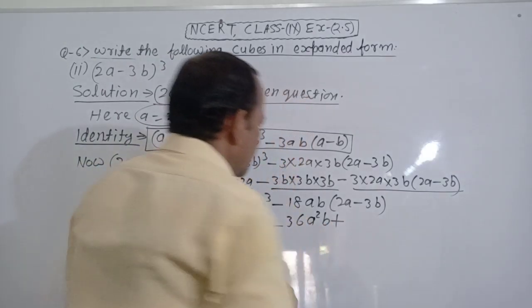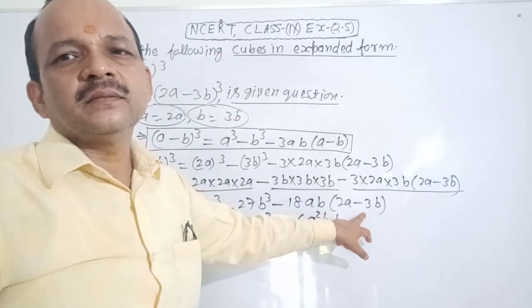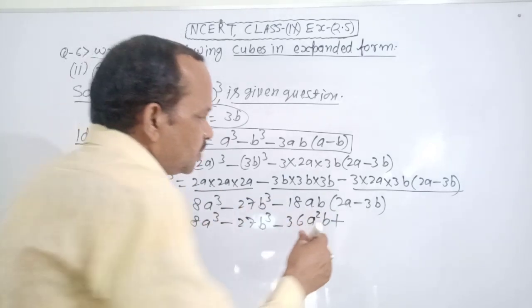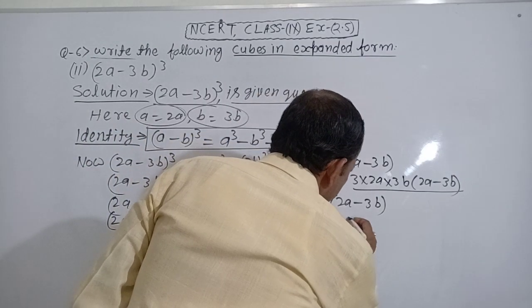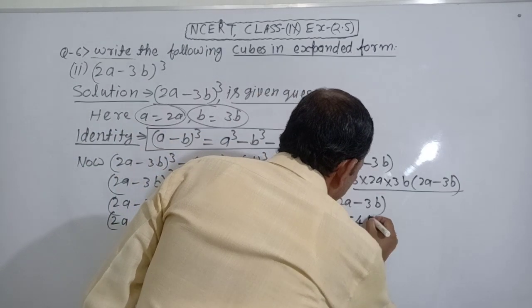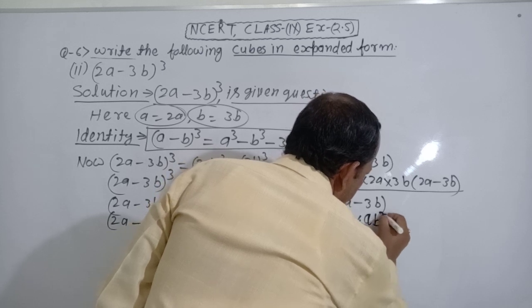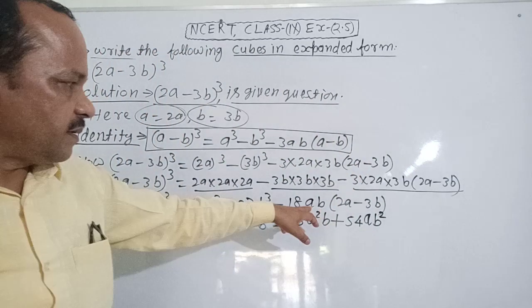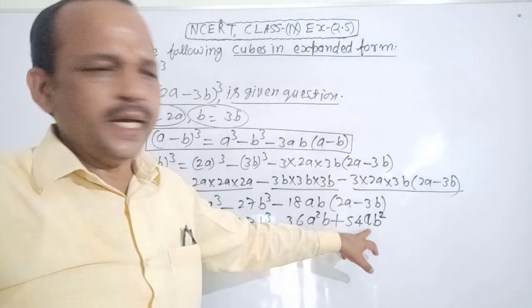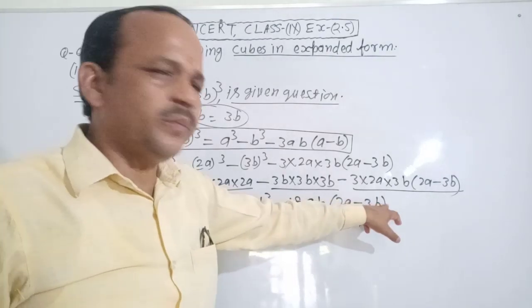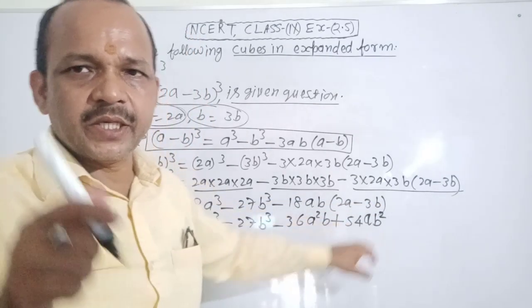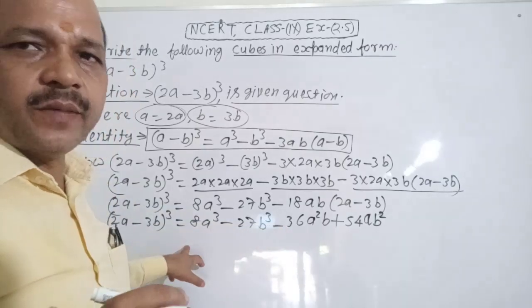Plus 18 threes are 54, a b square. Here a, here b and here b become b square. It is clear, no confusion about it.